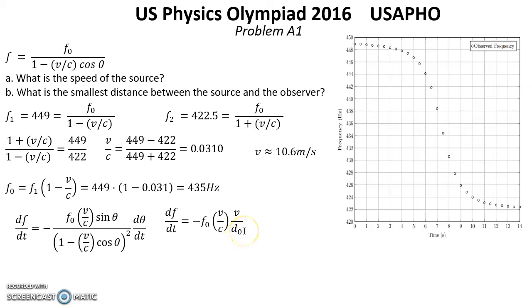And from here we can find d0. We just need to measure the slope of this graph at the point where theta equals pi over 2.